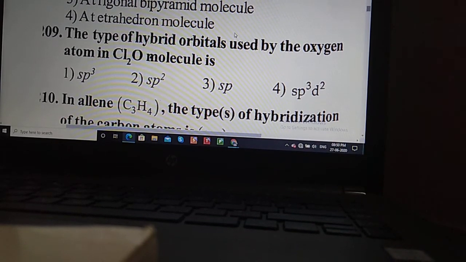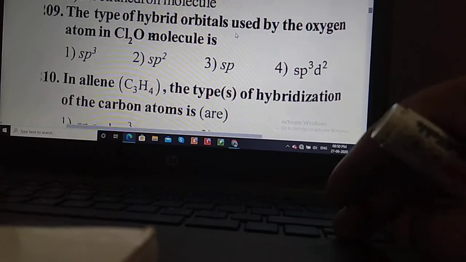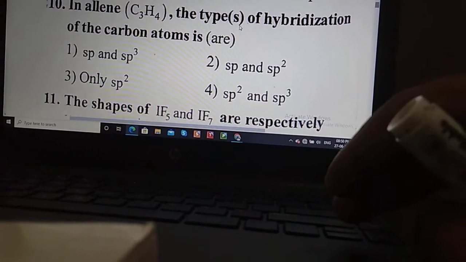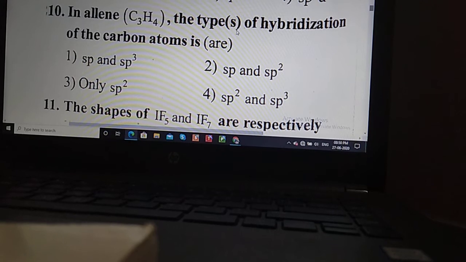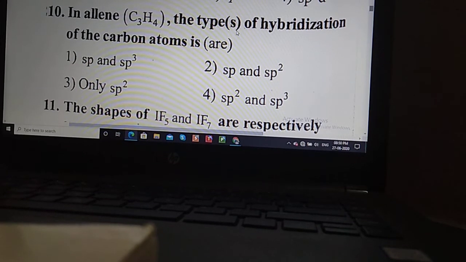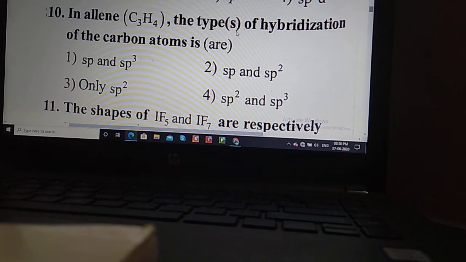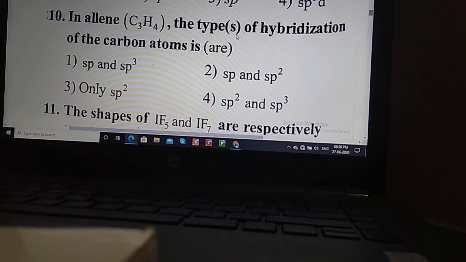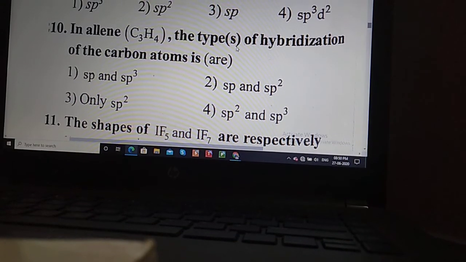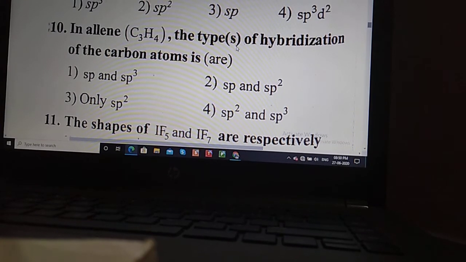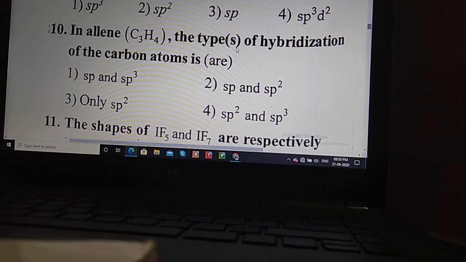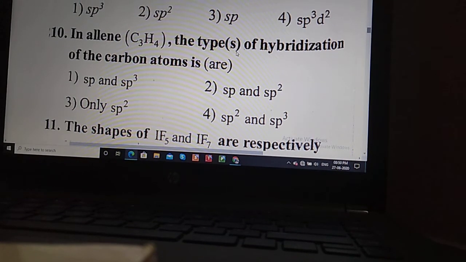Now let us go to question number 10, student. When you are in alkenes, C3H4 is the molecule they have given, student, in which a double bond is there because it is an alkene. The type of hybridization of the carbon atom is asked. So firstly you should know the structure.